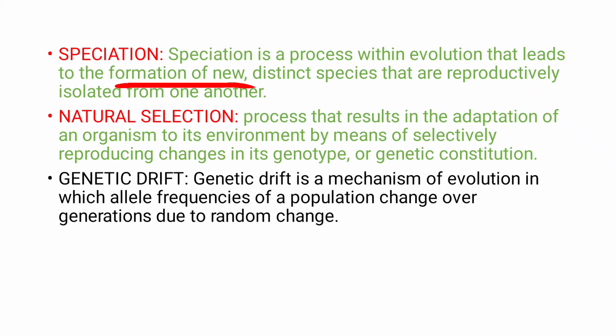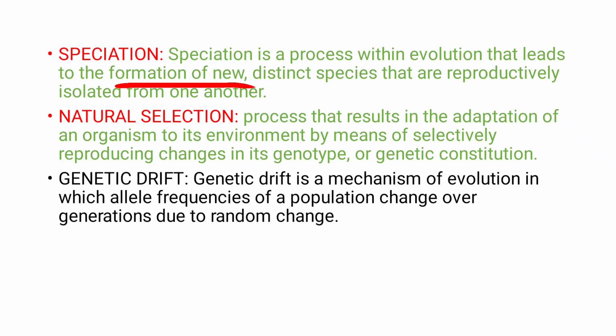So what is natural selection? It is a process that results in adaptation of an organism to its environment by means of selective reproduction, changing the genotypes or genetic constitution. I have made a video on speciation and natural selection also. I have also explained genetic drift by giving an example. It is also asked in the form of a definition.